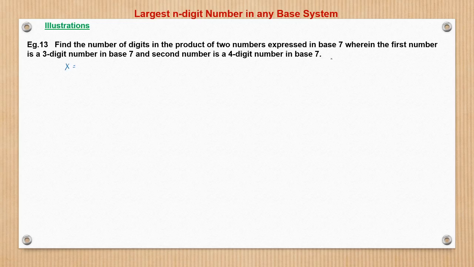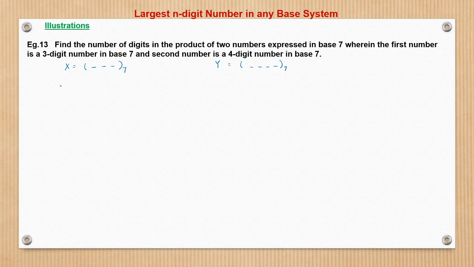The first number x is a 3-digit number in base 7, and the second number y is a 4-digit number in base 7. And these two numbers are multiplied to find the number of digits in the product.